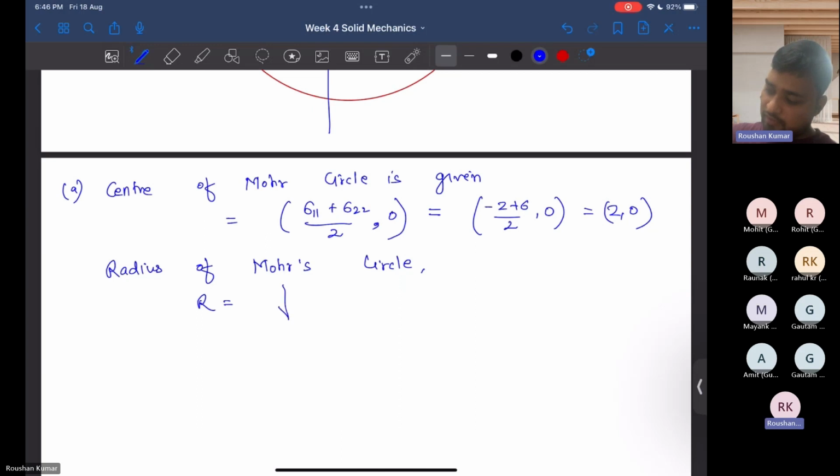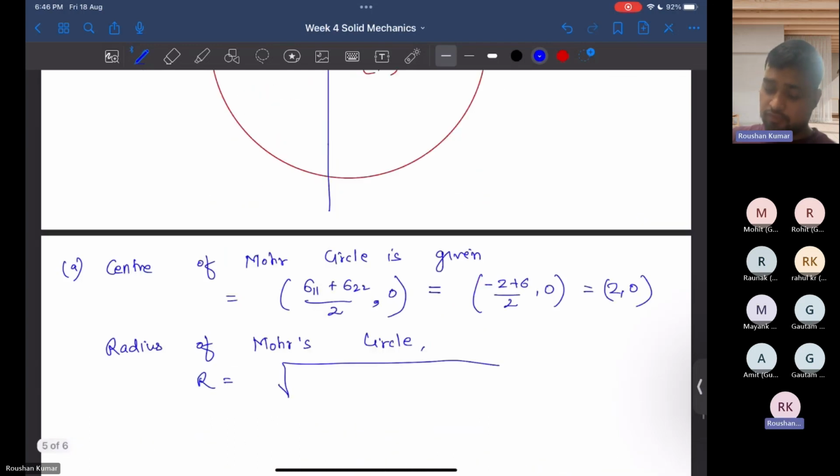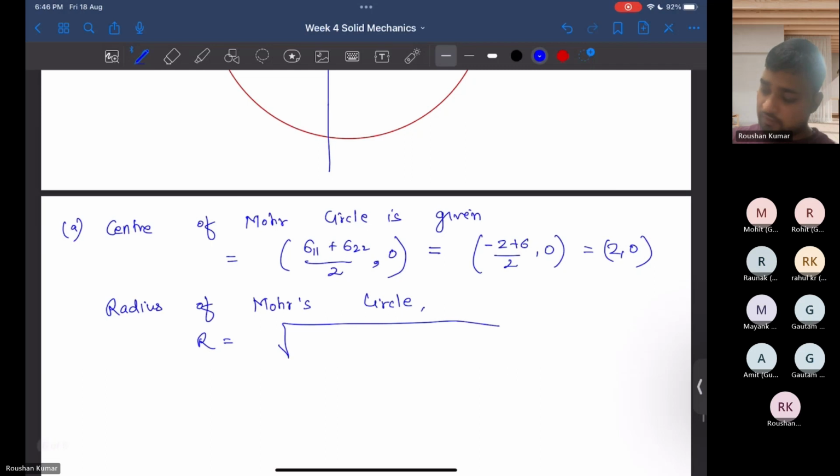R is given by the distance formula: (2 minus (-2)) whole square plus (4 root 3 minus 0) whole square.